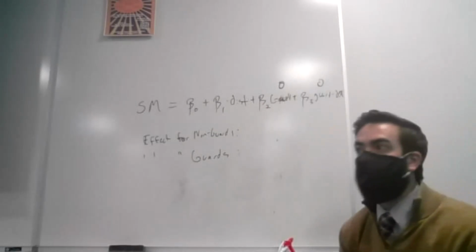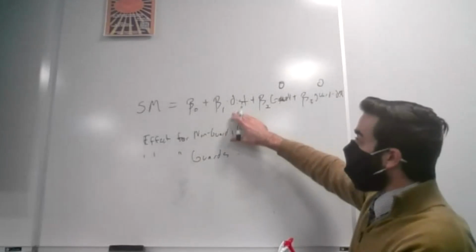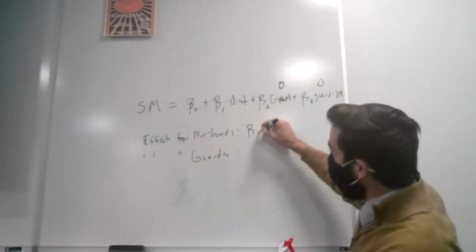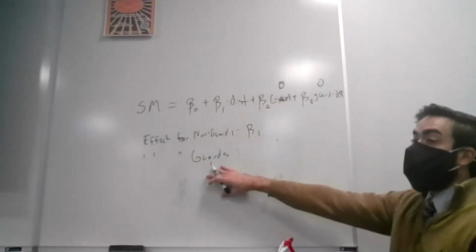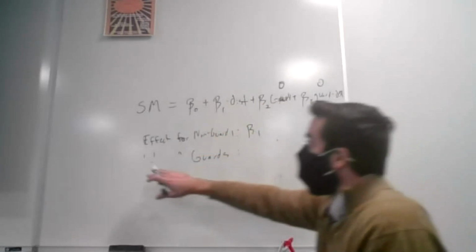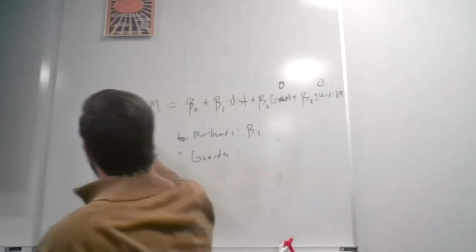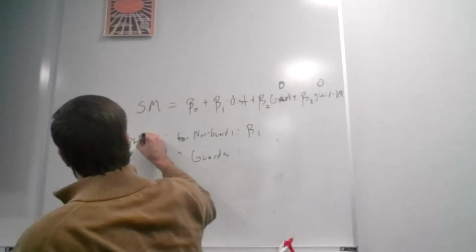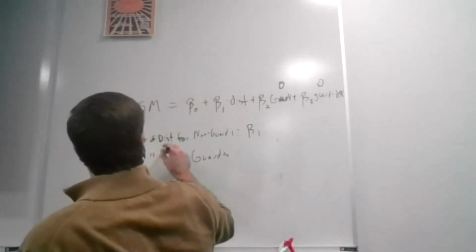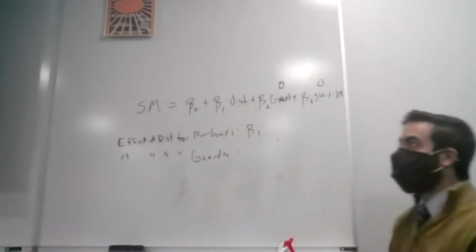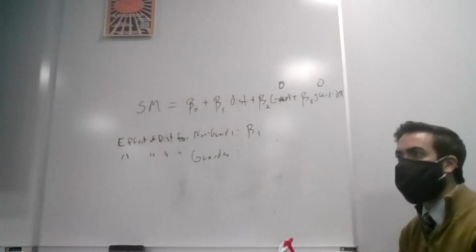The only effect that distance has on a non-guard is beta 1. The effect of distance for a non-guard is just beta 1.